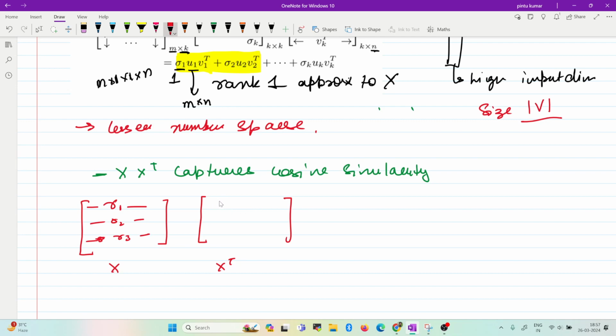So X transpose would be R1, R2, and so on. So what would be the entry of my X X transpose? The first element would be R1 dot R1, then R1 dot R2, and so on.